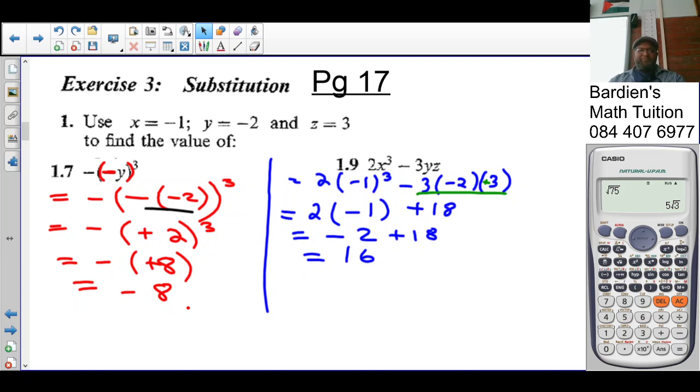Alright, listen. Your next heading is scientific notation. Did we look at scientific notation last year? Yes. Settle down.